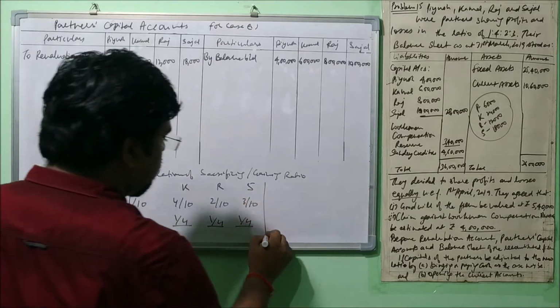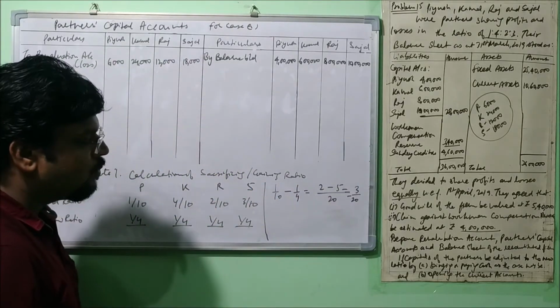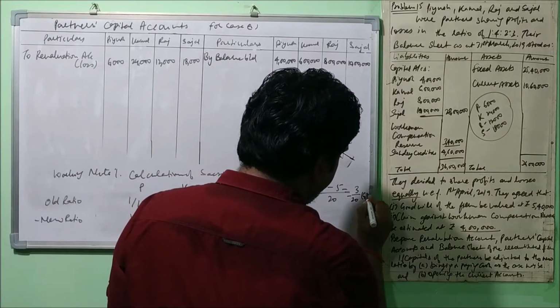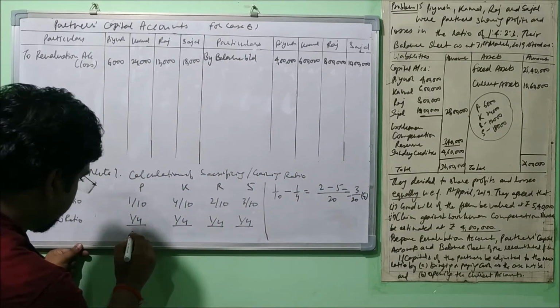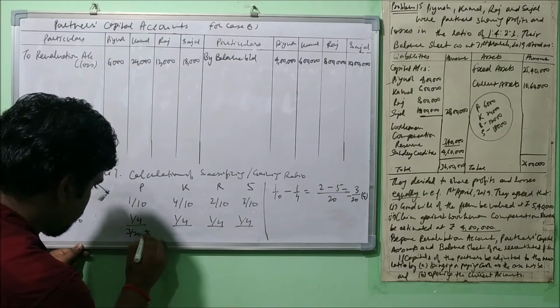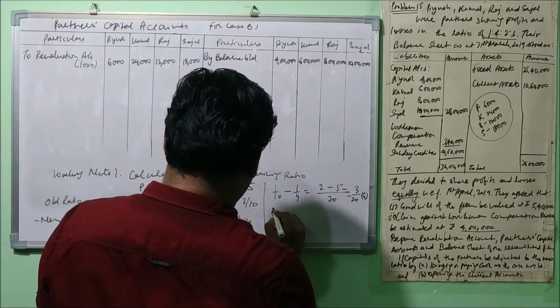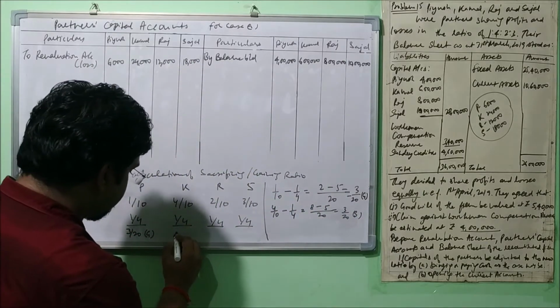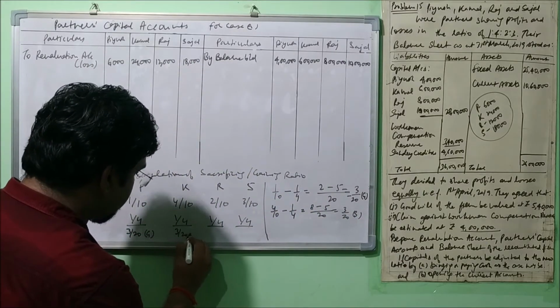Let's calculate now. See, 3 by 20 in minus, so that is gaining. Piyush is gaining by 3 by 20. Now let's calculate for Kamal. 3 by 20 positive. It means he is sacrificing. So Kamal is sacrificing by 3 by 20.